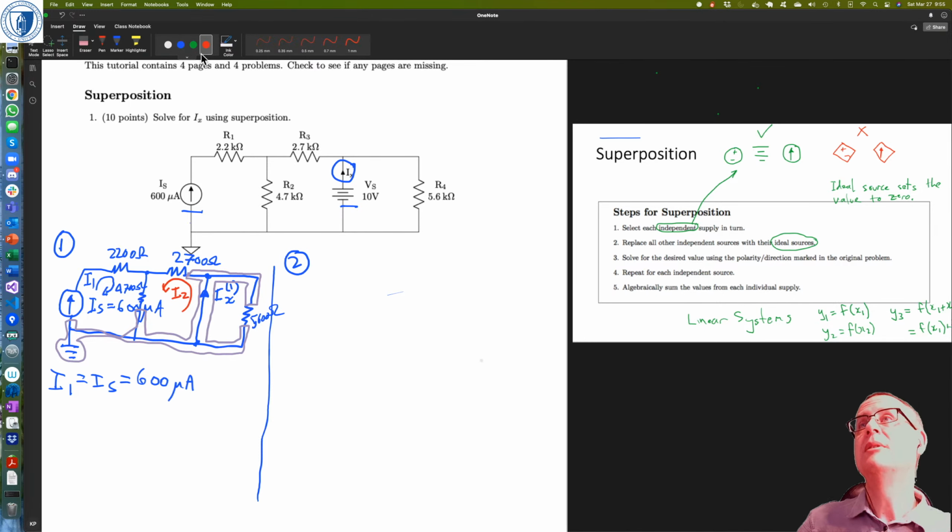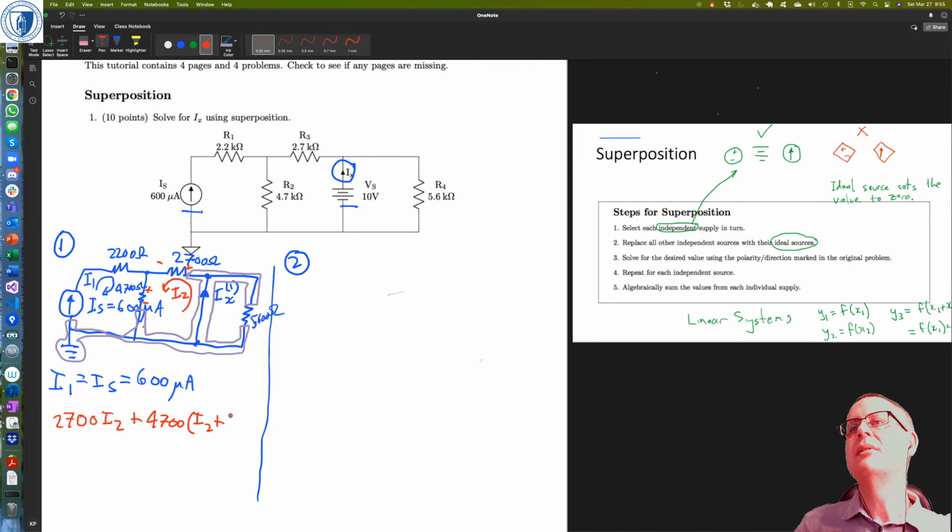So for the I2 mesh, and remember our polarities on either side of each resistor, we have 2700 I2 plus 4700 times, now it's going to be I2 plus I1, so I2 plus 600 by 10 to the minus 6, and that equals 0.